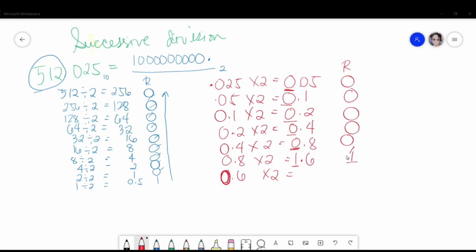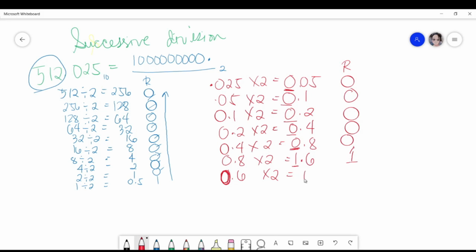So 0.6 times 2 is 1.2. So the whole number is 1. Again, it's not 1.2 when we multiply further, but 0.2. So continue, 0.2 times 2 is 0.4, so 0. Again, 0.4 times 2 is 0.8.